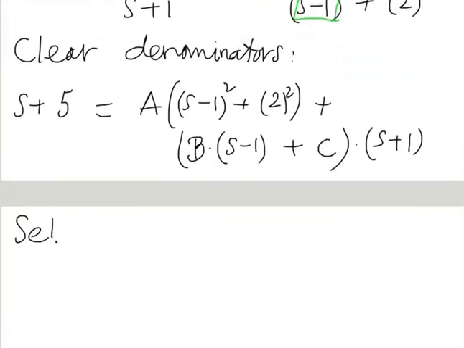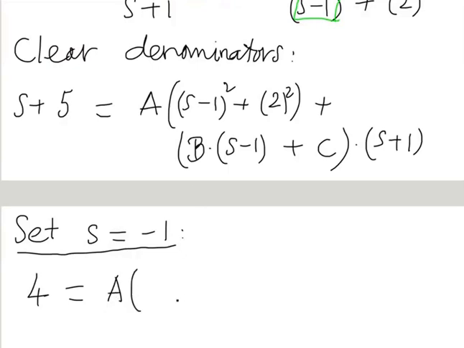Now we're going to set, say, s equal to minus 1. And I will have 4 on the left hand side equal to a times minus 1 minus 1 is minus 2 squared plus 2 squared.